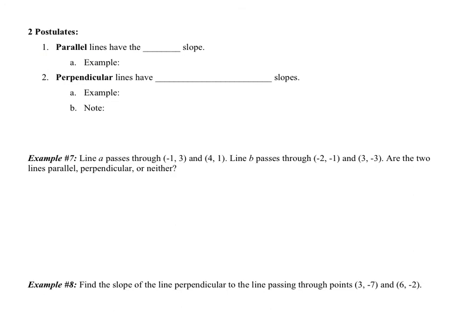Okay, two postulates. Parallel lines have the same slope. So example, the slope would be 2 and 2. So two lines that have a slope of 2 are parallel. Perpendicular lines have opposite reciprocal slopes.